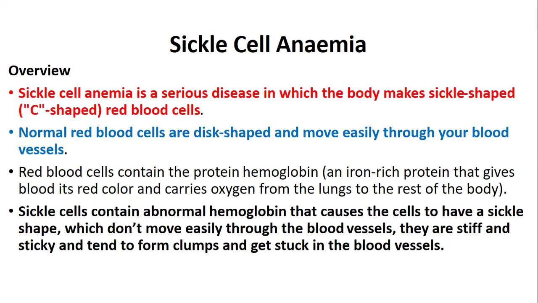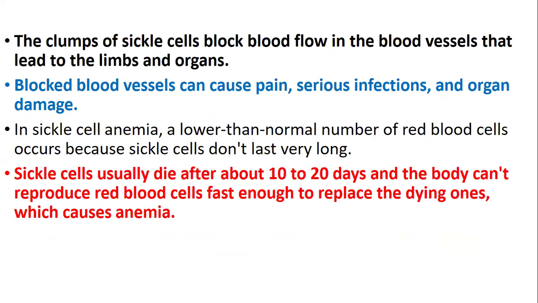Normal red blood cells are supposed to be disc-shaped and move easily through the blood vessels. In sickle cell, the sickle cells will contain abnormal hemoglobin that causes the cells to have a sickle shape, which don't move easily through the blood vessels, and they are stiff as well as sticky and tend to form clumps and get stuck in the blood vessels as the blood is trying to navigate through smaller blood vessels, capillaries, as well as in arteries.